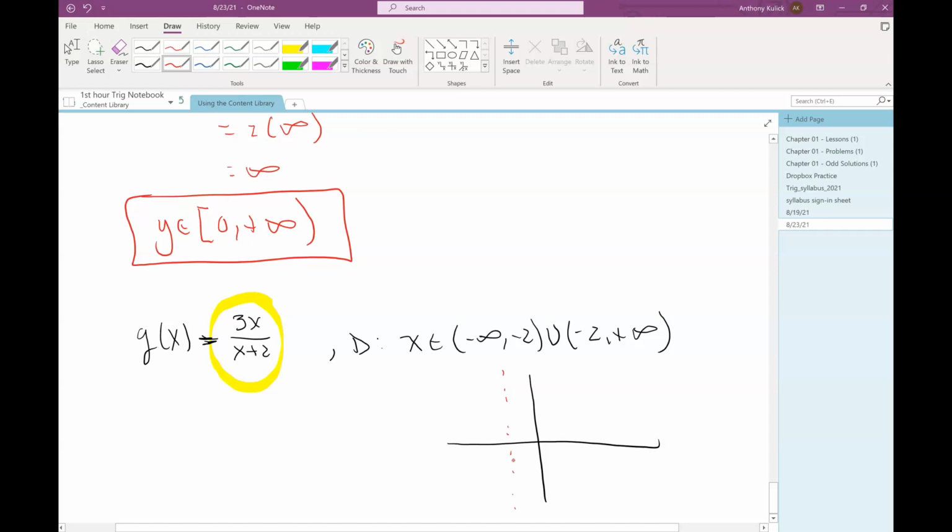So the horizontal asymptote would just be at 3. Now that's a lot to ask that you remembered. Definitely okay not to have. Okay. So there's my vertical and horizontal asymptote.